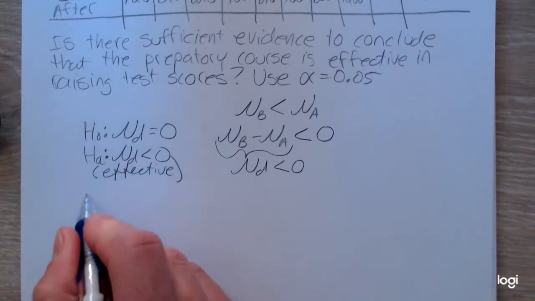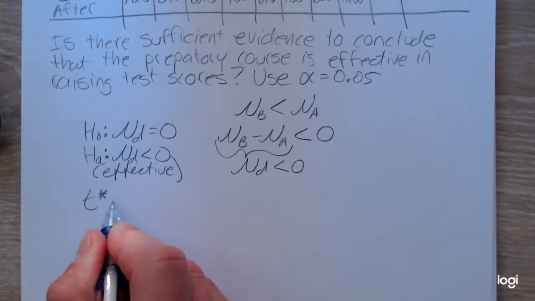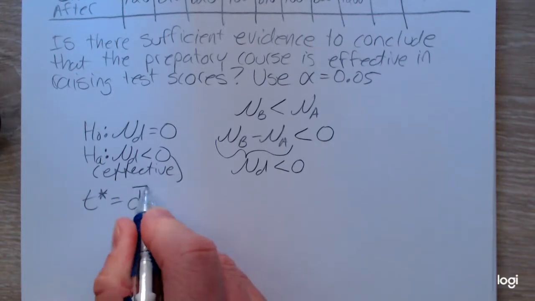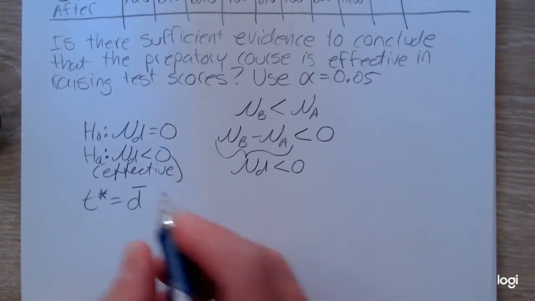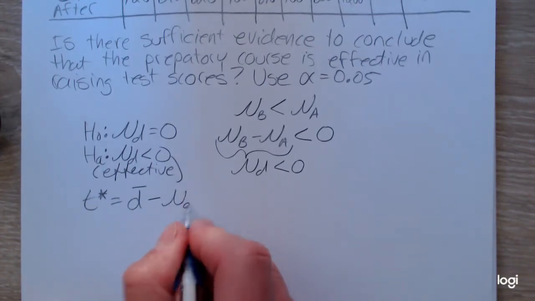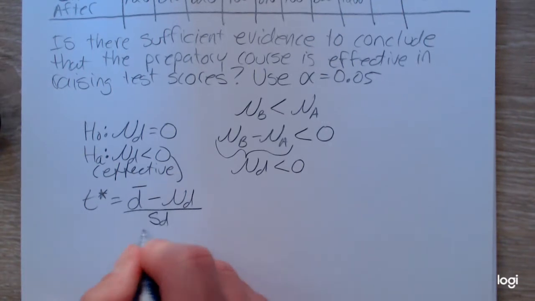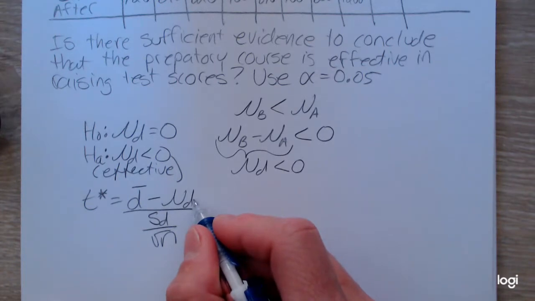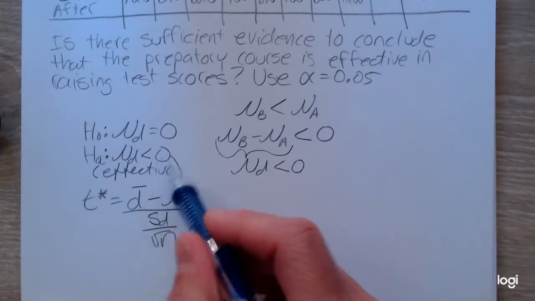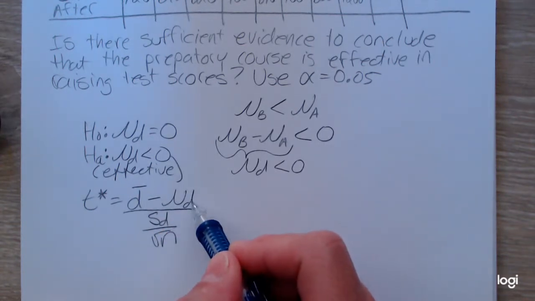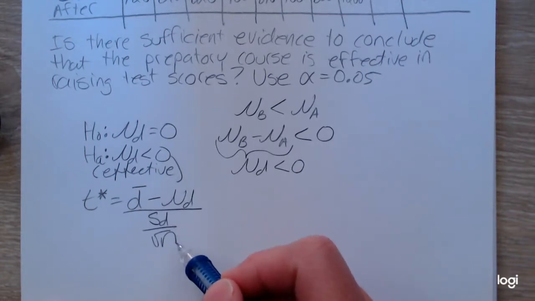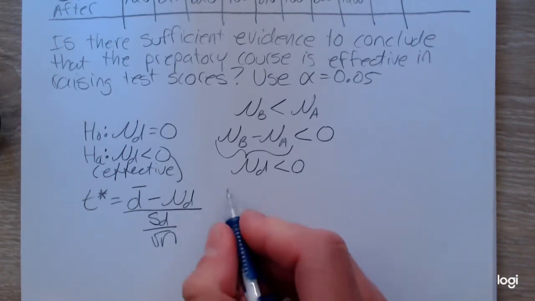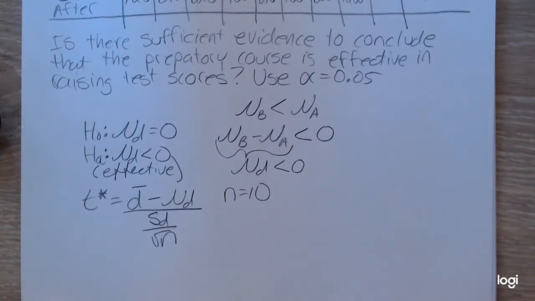The standardized test statistic is d bar, the sample mean of the differences, minus mu sub d over s sub d over the square root of n. This mu sub d comes from the null and the alternative, and that's just going to be 0. N is the number of pairs of data, and we have 10 students, so n is equal to 10.